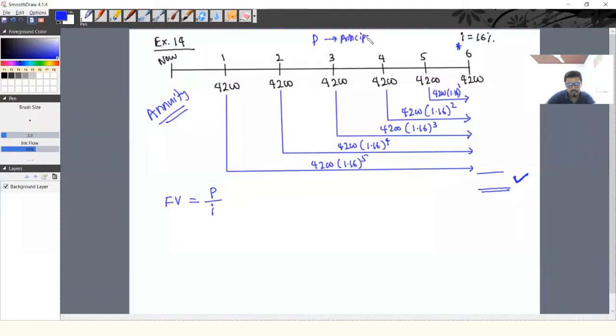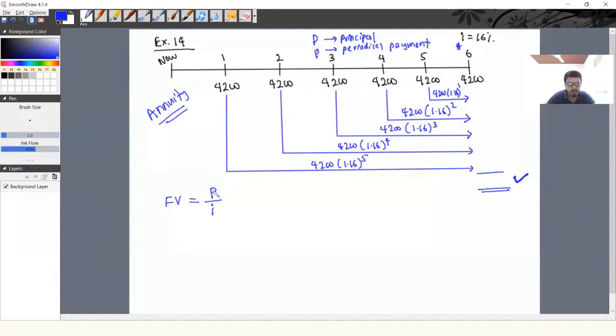You know what principal is. Simple P means the periodical payment. Capital P keyword is principal, simple P keyword is periodical payment.